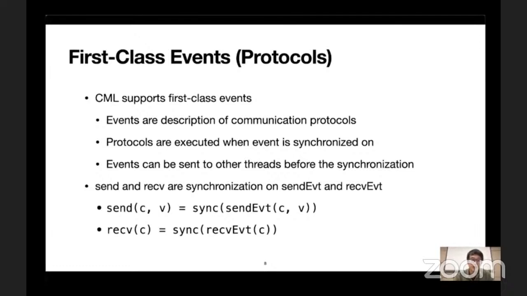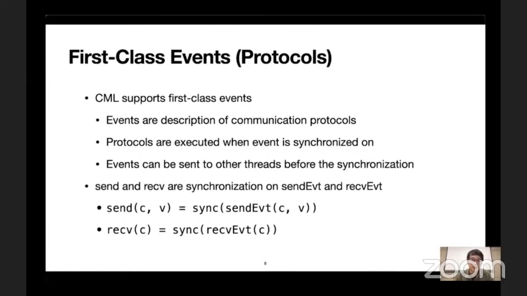The send and receive that we have seen so far is basically a synchronization on a send event and a receive event. It can be expressed in terms of sync on send c v and sync on receive c, on the channel c respectively.